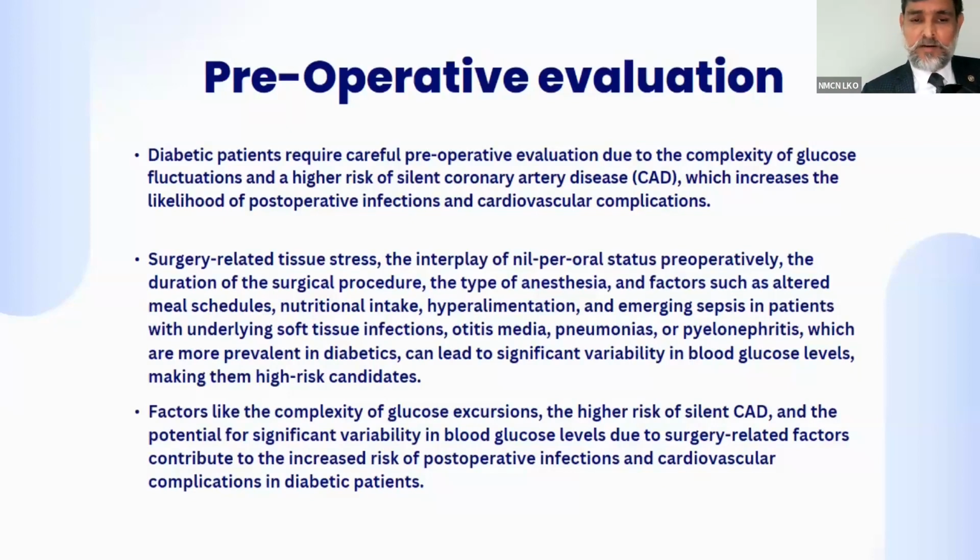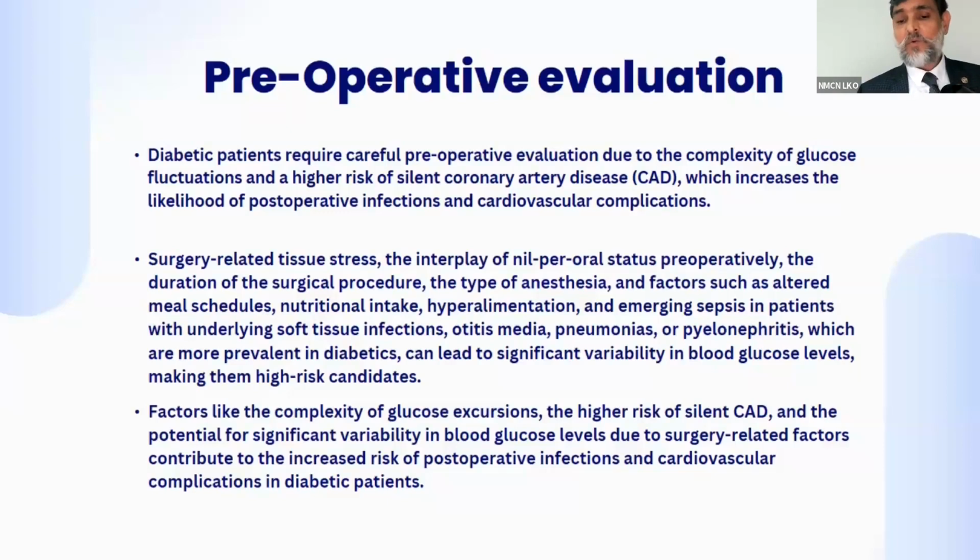Surgery-related tissue stress is always there. The interplay of nil per oral status preoperatively is always there. The duration of the surgical procedure, the type of anesthesia, and factors such as altered meal schedules, nutritional intake, hyperalimentation, and emerging sepsis in patients with underlying soft tissue infections, otitis media, pneumonias, pyelonephritis, which are more prevalent in diabetics, can lead to significant variability in blood glucose levels, making them high-risk candidates.